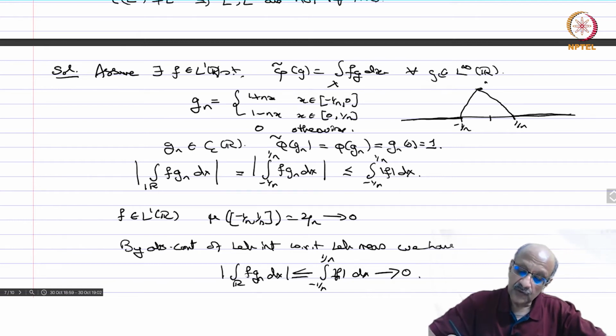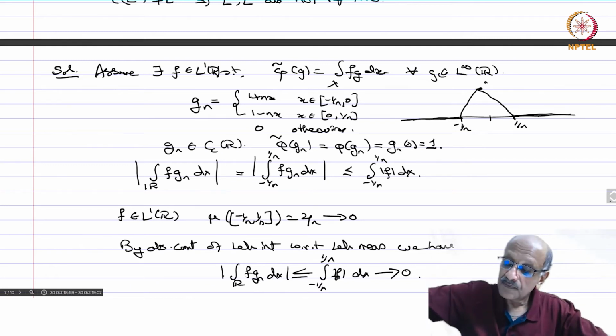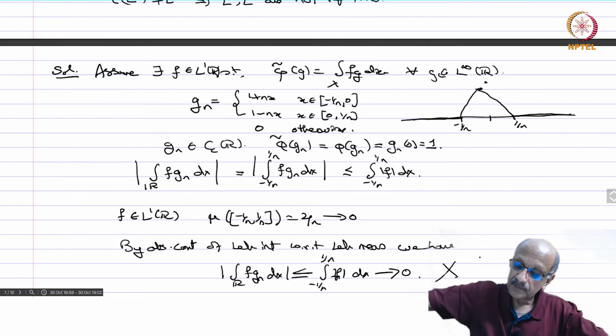On the other hand, you have phi tilde of g_n equal to 1, so these two cannot be equal, and that proves the result. So you have a contradiction.